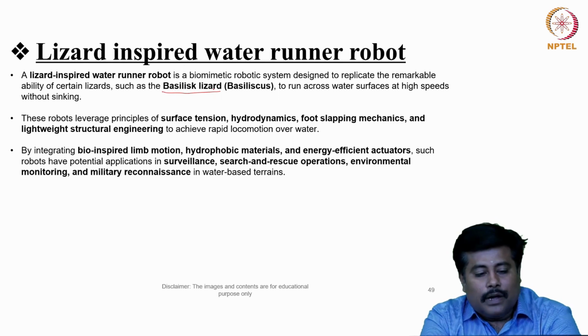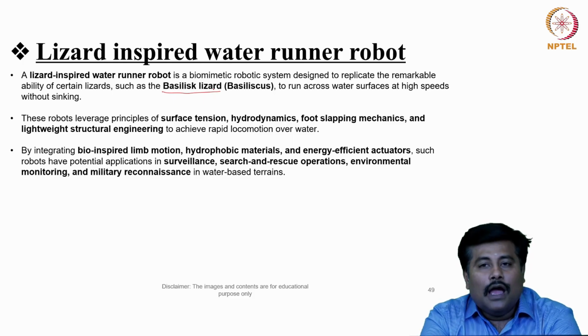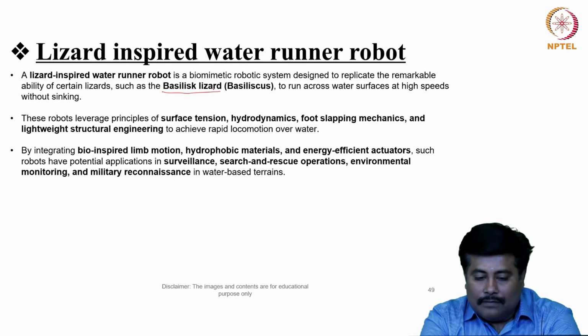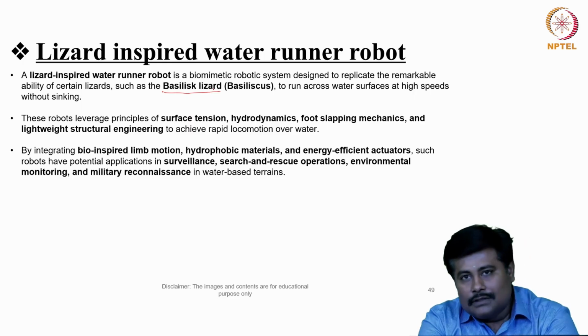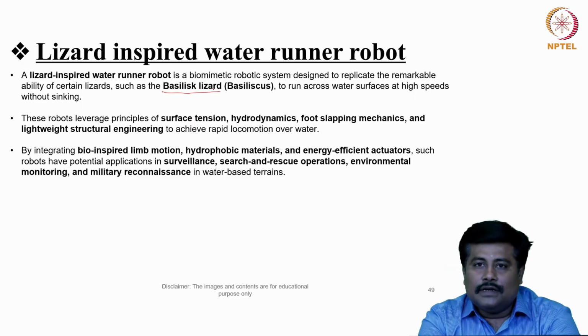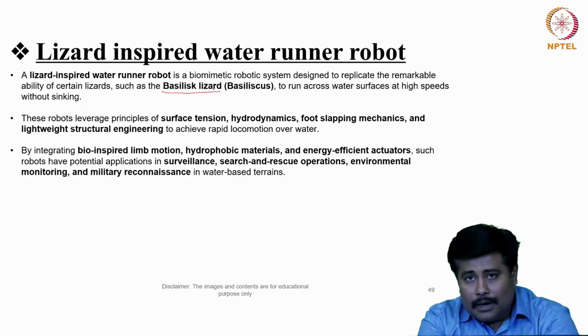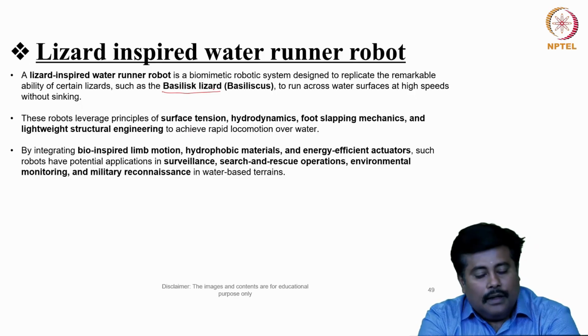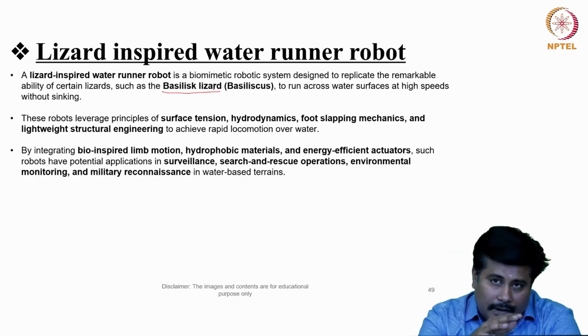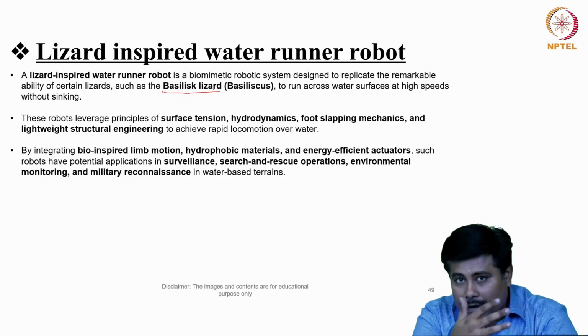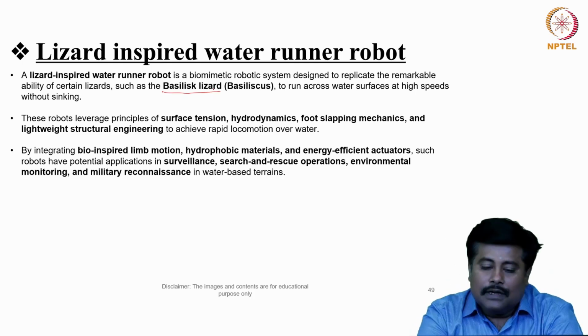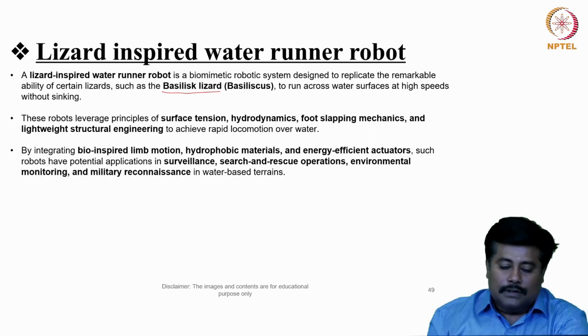By integrating bio-inspired limb motion, hydrophobic material, and energy efficient actuators, such robots have potential applications in surveillance, search and rescue operations, environmental monitoring, and military applications, especially in amphibian related areas, basically focusing on water based terrains.